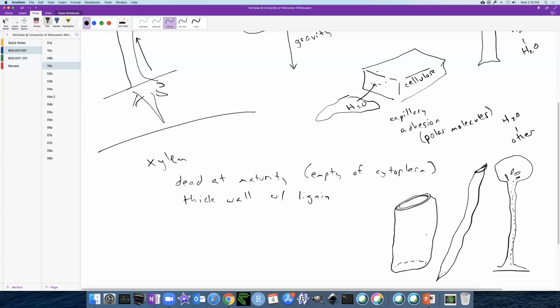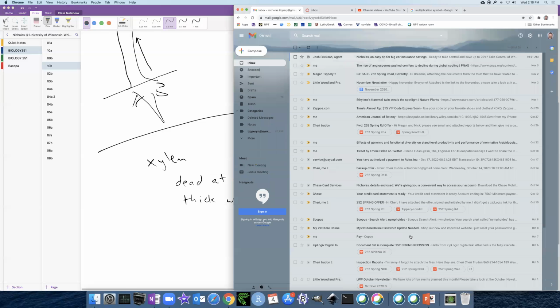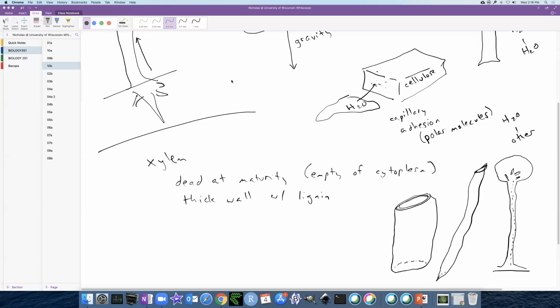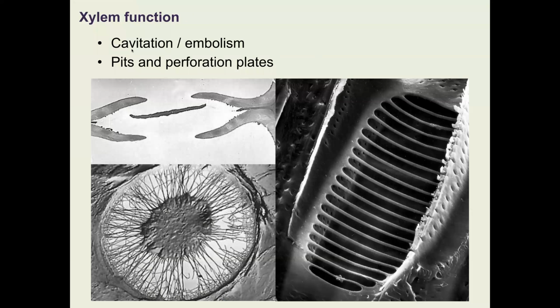So the functions of the xylem cells, having them hollowed out, allows them to be devoted entirely to moving water through here. The thickness, as we saw before, helps in support of the organism. And they might have some special features, such as pits or holes, so connections with their neighboring cells.